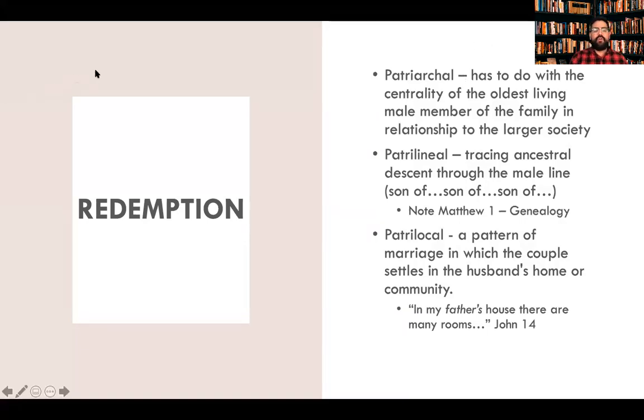It's patriarchal. It has everything to do with the centrality of the oldest living male family member in relationship to the larger society. So you can start thinking of guys like Abraham, head of his household, head of his tribe. You could think of Isaac when he's negotiating with Pharaoh.